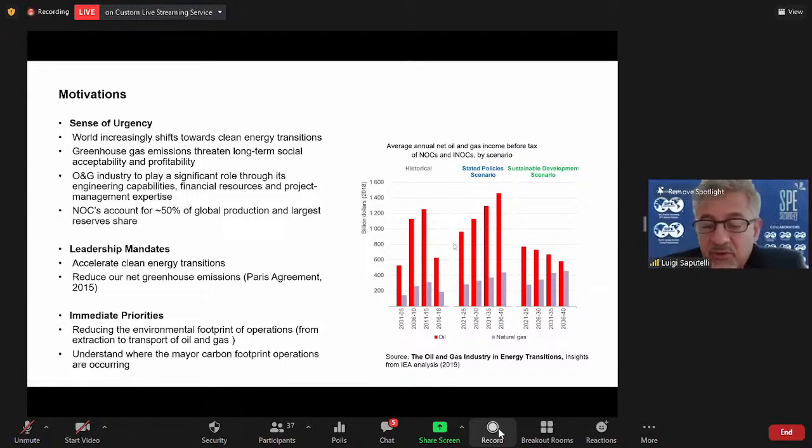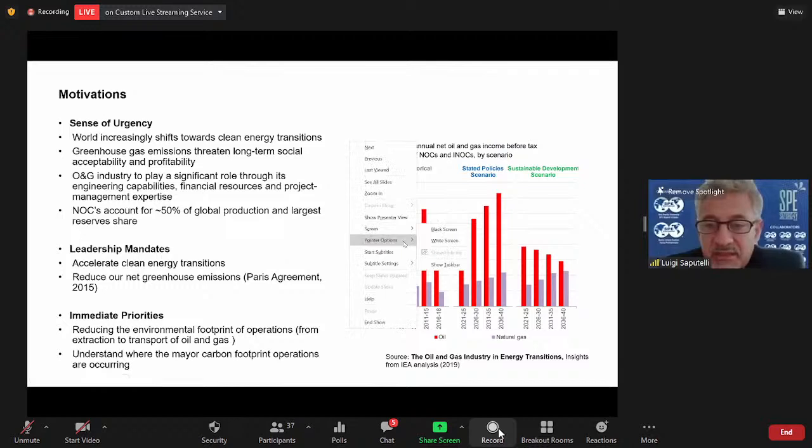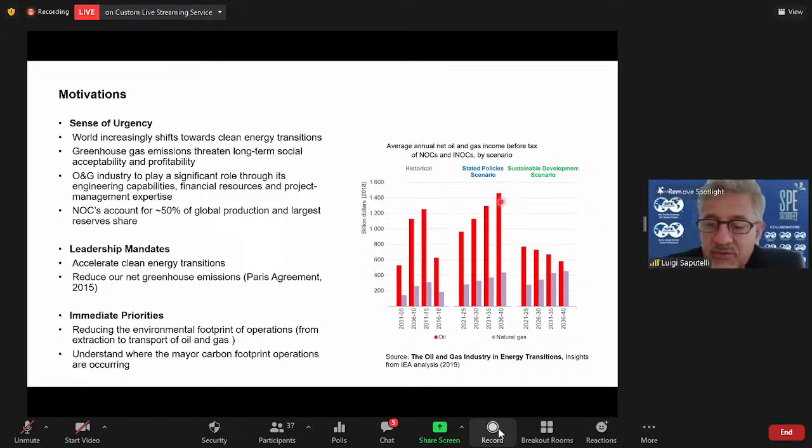If we continue to do the same thing with no additional changes in the stated policies, this trend will continue to go back to the 2011 numbers, and it will even reach perhaps close to $2 trillion per year in 2030 and 2040. This is assuming the same demand scenarios that we're having today.